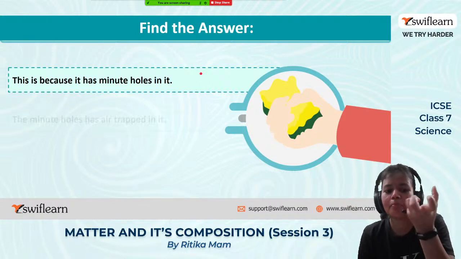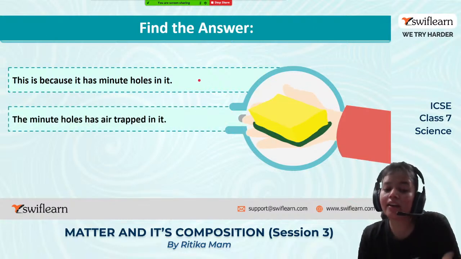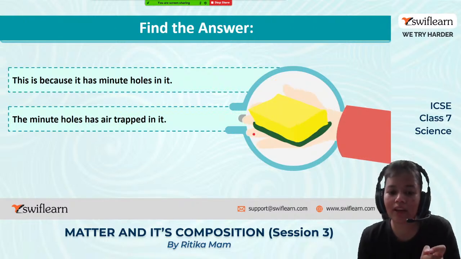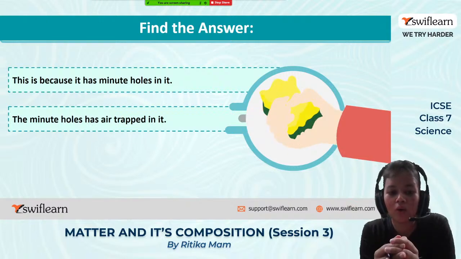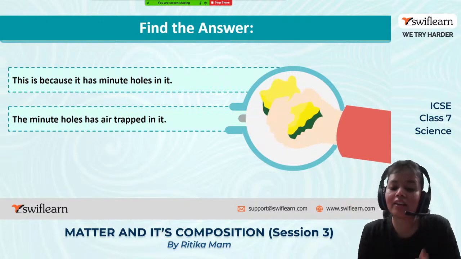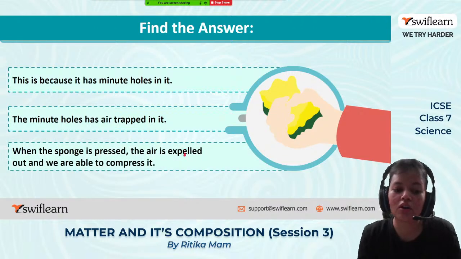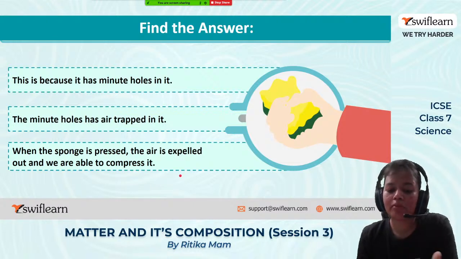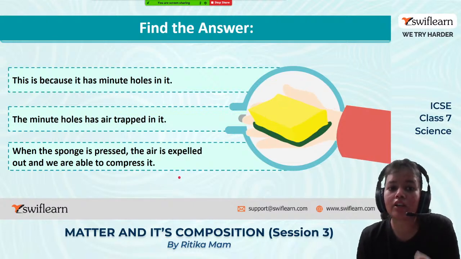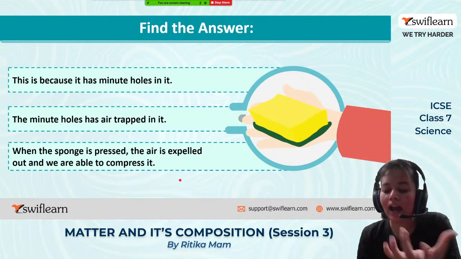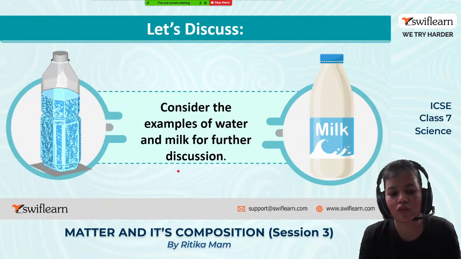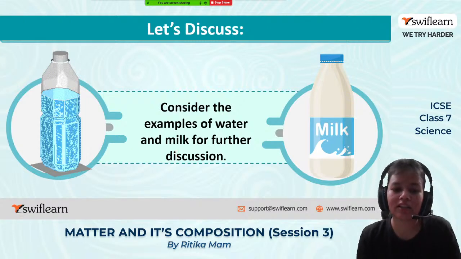Whenever we compress it, the air comes out. The air is trapped inside the holes, and when we compress the sponge, the air comes out and we are able to change its shape. But when we remove our hand, the sponge comes back to its original shape. वो वापस से उसी shape पर आ जाता है.